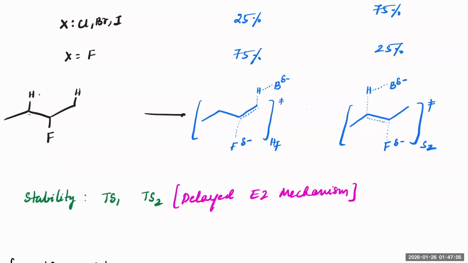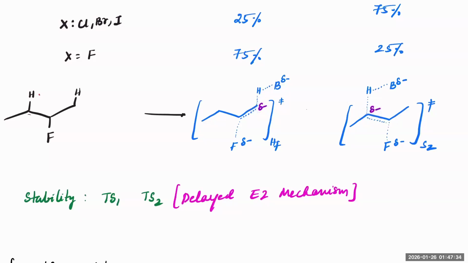Temporarily, a delta negative charge starts forming on this carbon because hydrogen has left fast. Fluorine is not going away. Unless fluorine goes away, this negative charge will not become a double bond. Likewise, the same delta negative charge accumulates on this carbon.